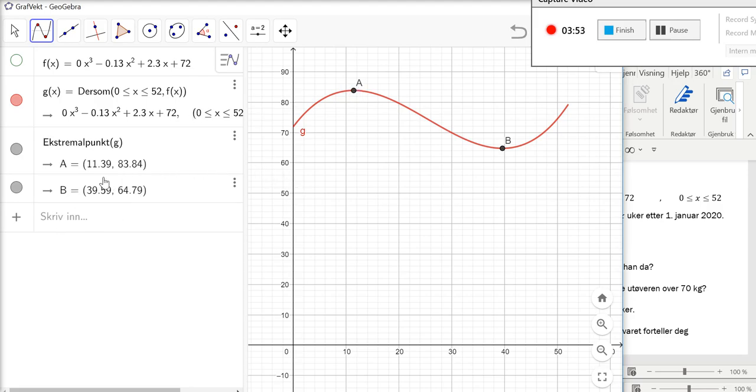So this means that after approximately 11 weeks, that's when he has the highest weight, and then he weighs 83.8 kilograms. So you need to make a Word document here where you write an answer. After 11 weeks, he weighs 84 kilograms, right? And so that's exercise B.